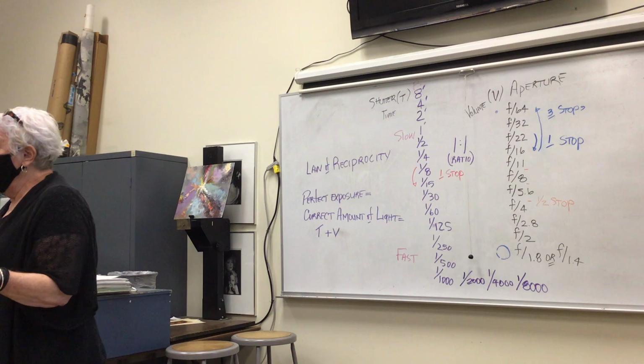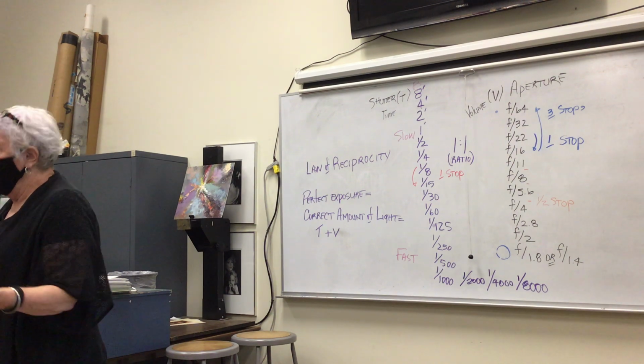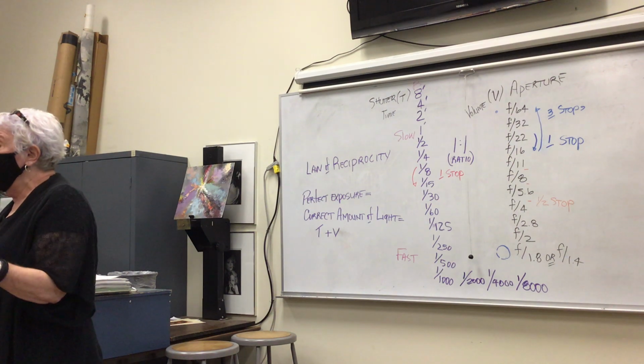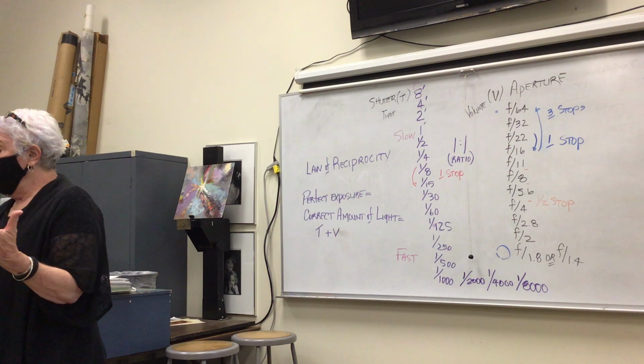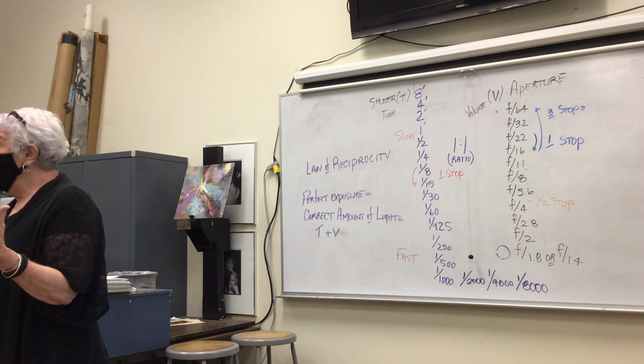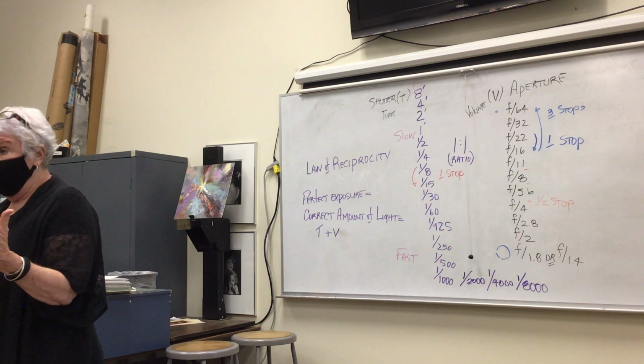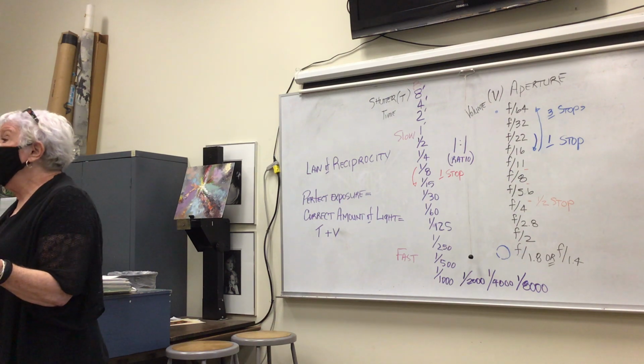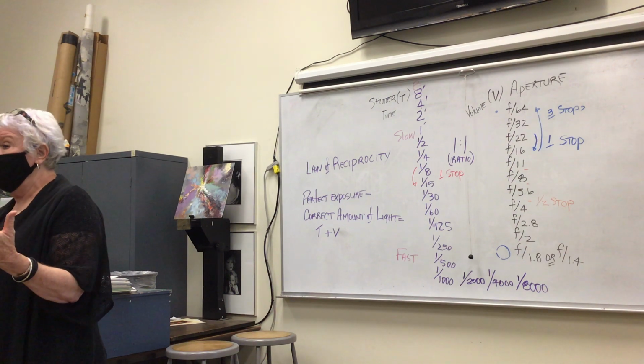The slower the ASA, the longer the image capture. But we are working in your definition for law of reciprocity. One of the phrases was for mid-range film, right? That's what we're shooting, a mid-range film.